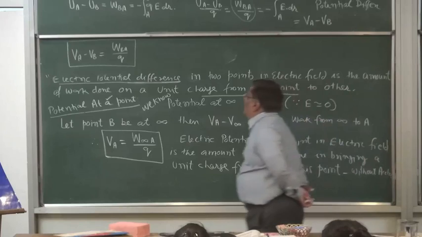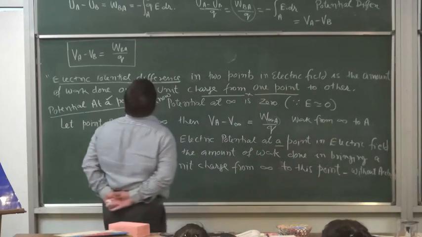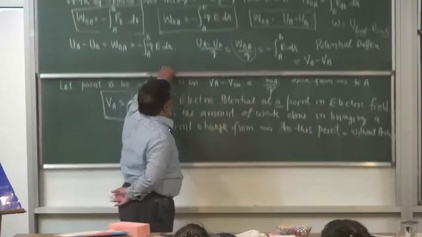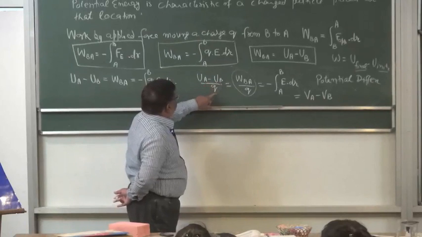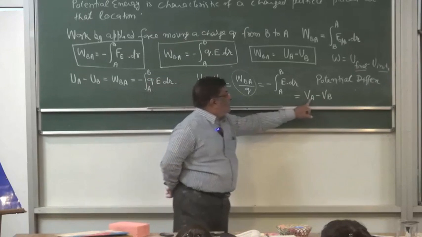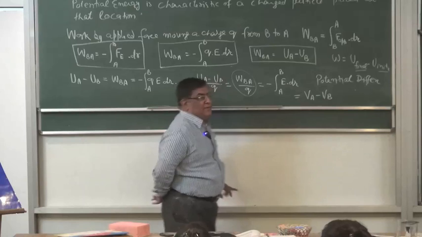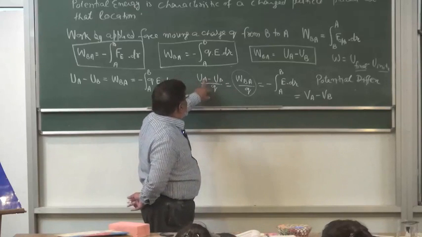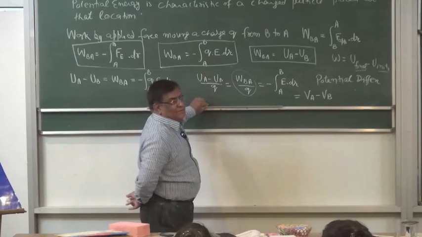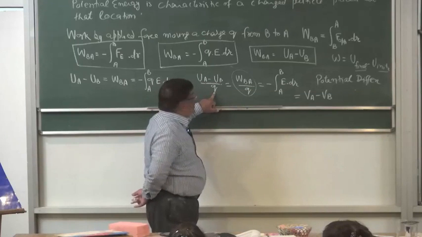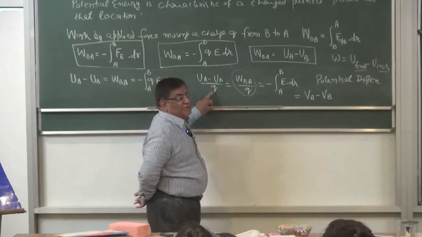Before that derivation, we can do one thing more, and that is this. This is VA minus VB. Potential difference is energy difference per unit charge.